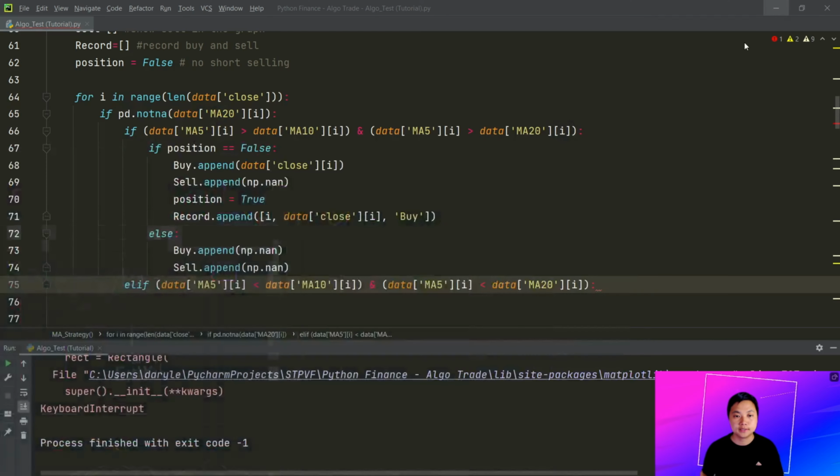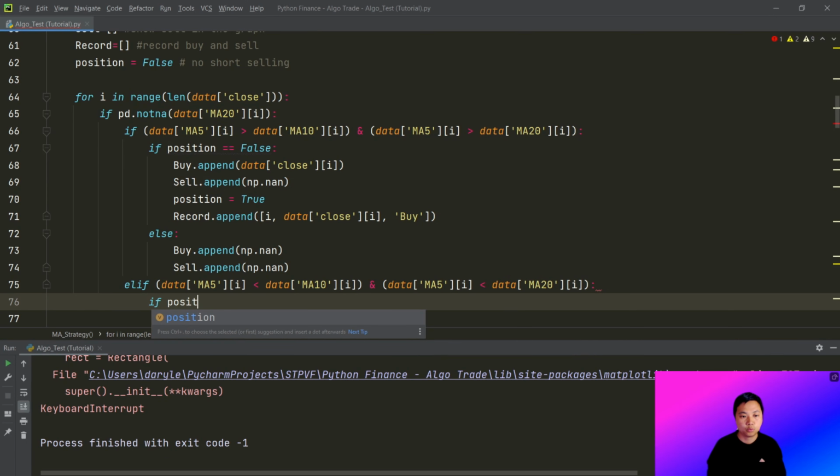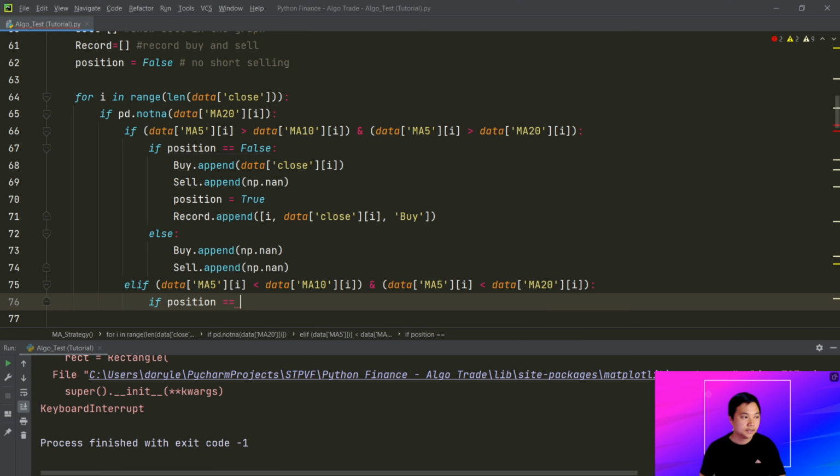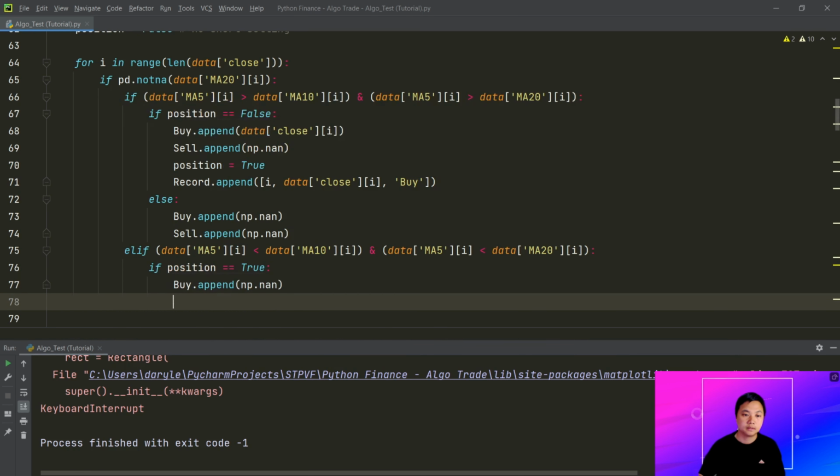This is the chance that we should sell our stock. But first, we need to check whether or not we hold anything, so we need to check the positions. If we are holding the stock, of course we can sell the stock. But we are not going to buy anything.